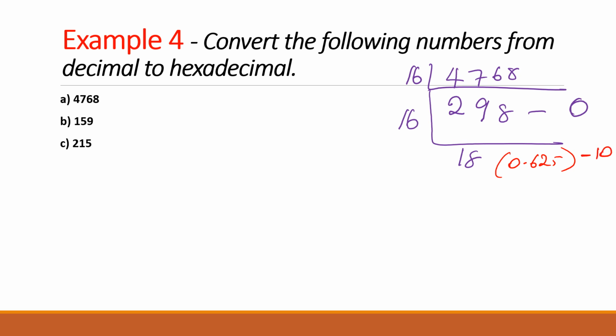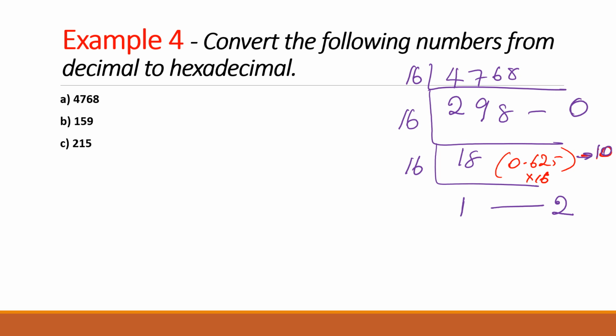Agree? So you times this by 16 and you get 10. So that is the number which is remaining, isn't it? Do you agree with that or not? Then you divide this by 16, 1 and how many remaining? 2 remaining, isn't it? Make sense or not?